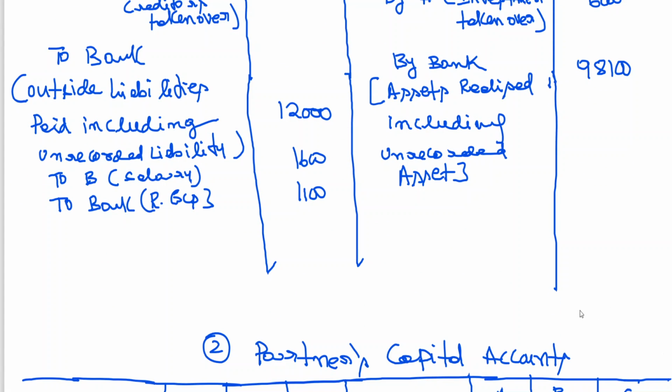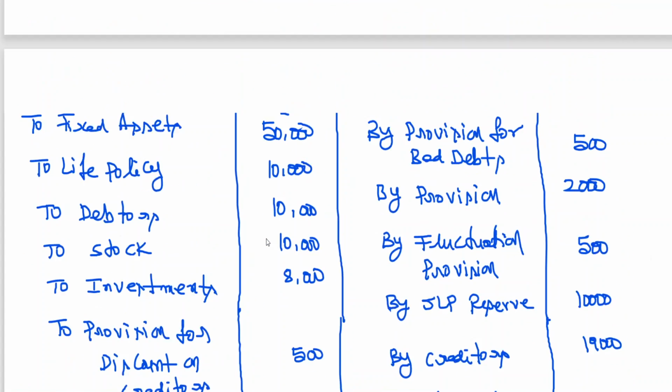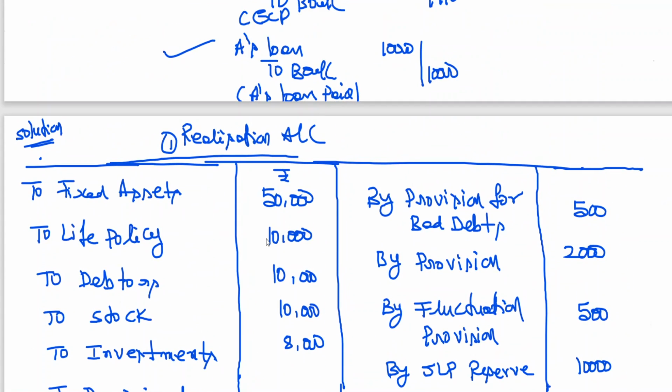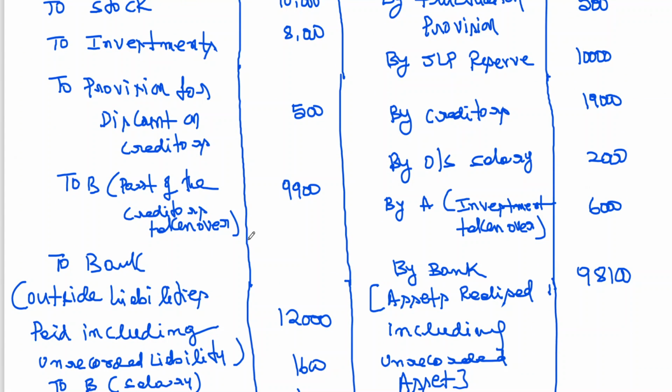In this problem you may get a profit, you may get a loss. Okay, let us go for this. 500 plus 2000 plus 500 plus 10,000 plus 19,000 plus 2,000 plus 6,000 plus 98,100.